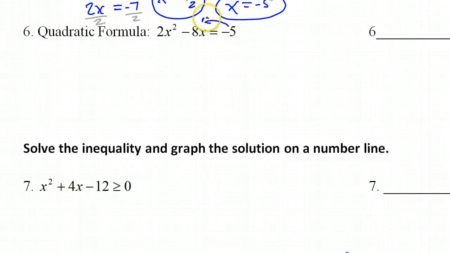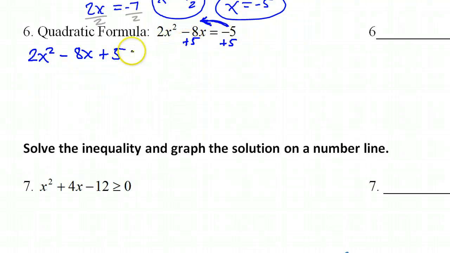We're going to accomplish that by adding 5 to both sides. So this is going to become 2x squared minus 8x plus 5 equals 0.